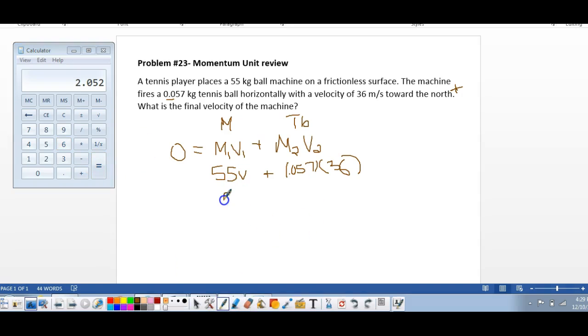So 55v, right, plus 2.052, sorry. And then that's equal to 0, because there's no momentum initially. So really all the momentum that's created is from this tennis ball, and in the interaction it causes the machine to go back. So then we're going to minus this from both sides.